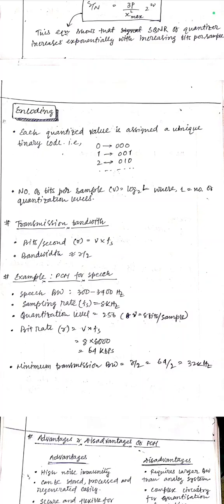Now let us take an example of PCM of speech. The speech bandwidth we know is 300 to 3400 hertz, and the sampling rate Fs is equal to 8 kilohertz, and the quantization level is 256, or V we can say is 8 bits per sample.